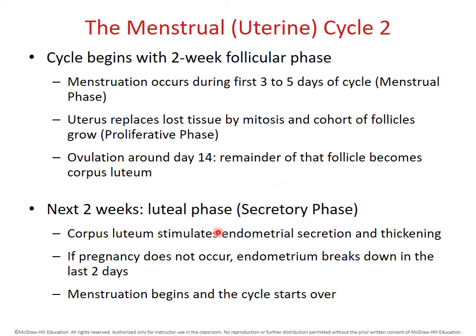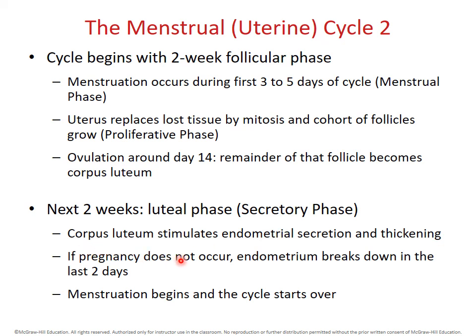And during this secretory phase, the corpus luteum secretes, again, progesterone, and that stimulates the endometrium to continue its thickening, again, anticipating pregnancy. If pregnancy ensues, of course, then for 9 months, you're going to have essentially this secretory phase where the corpus luteum is active and maintains pregnancy.